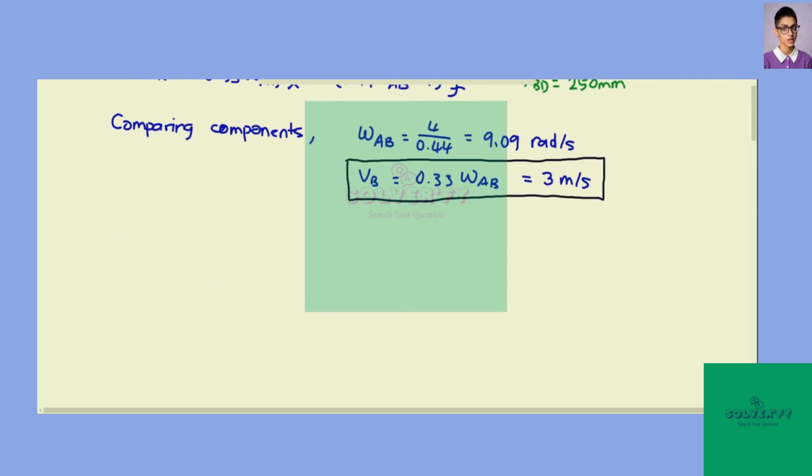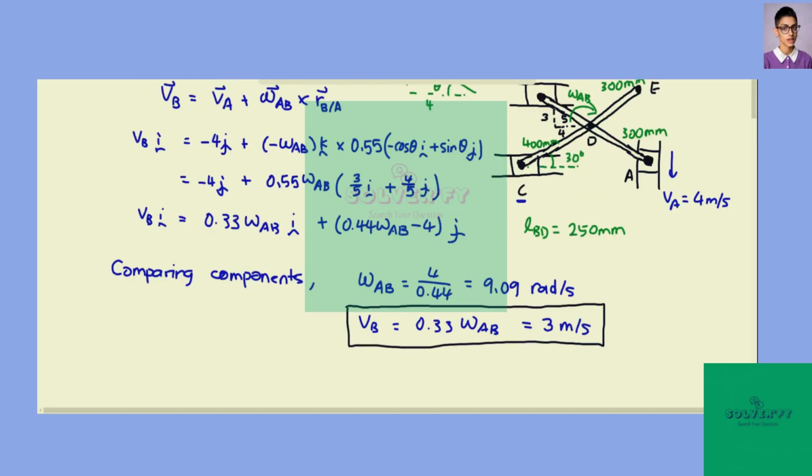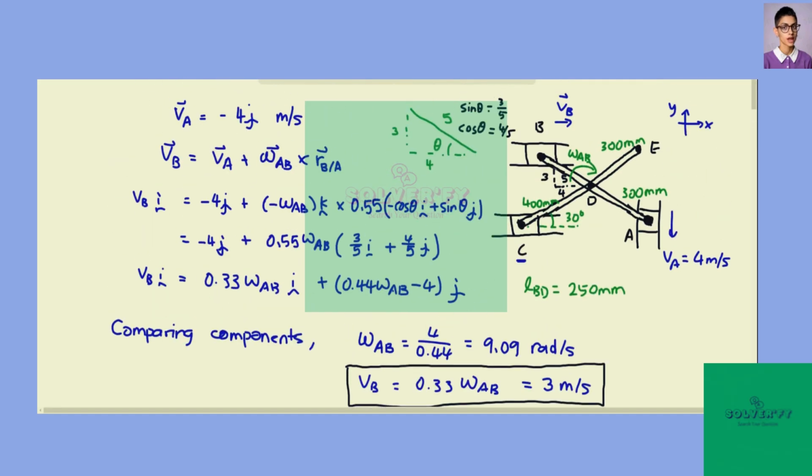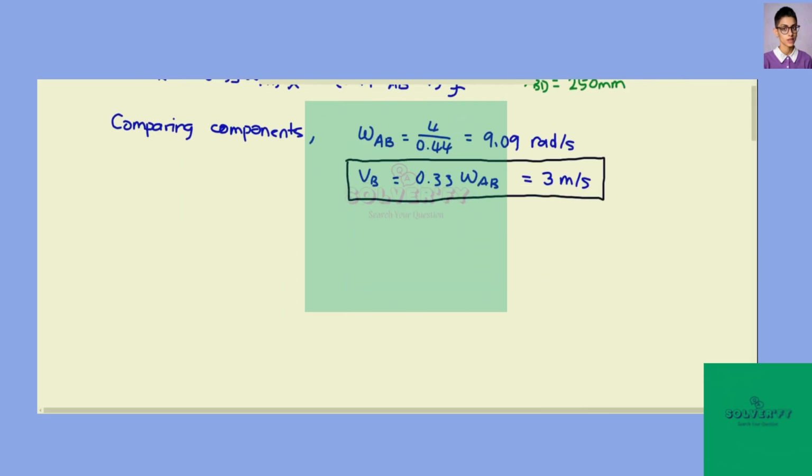So we need to find omega CE as well as VD. Okay, so first we find VD is equal to VA plus omega AB cross RD relative to A.